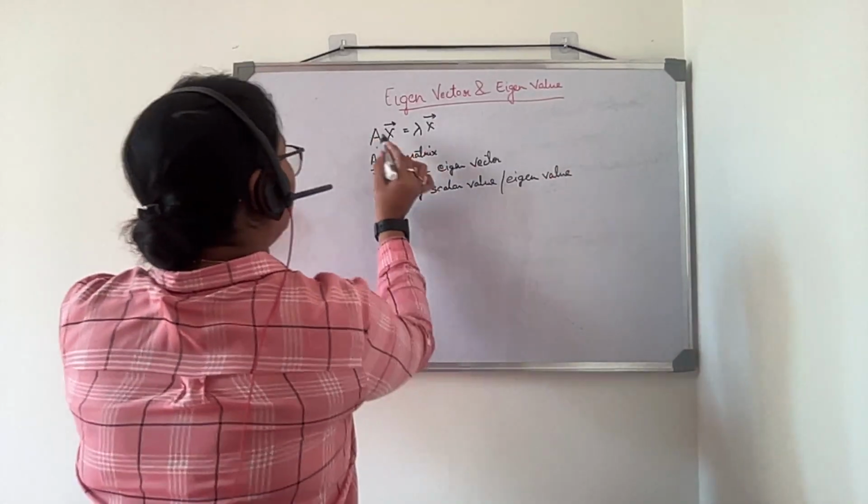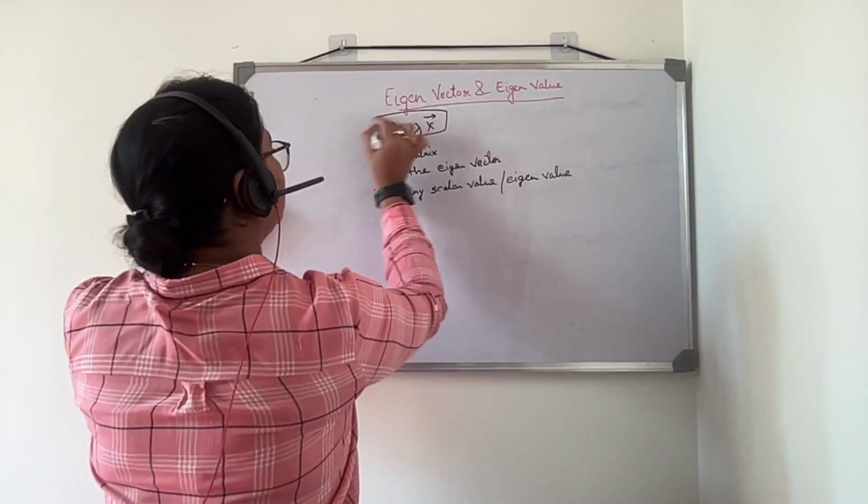So this is the formula for finding the eigenvector or the eigenvalue.